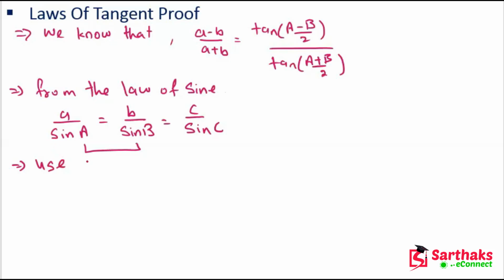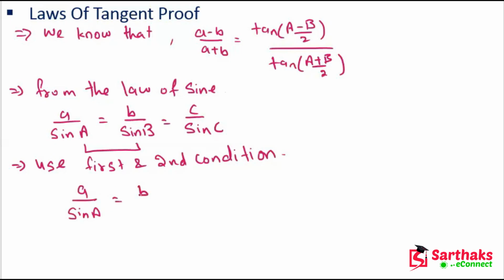Now we have to use the first and second conditions, means these two. So we get a upon sine a is equal to b upon sine b, which is equal to, we are taking k as a constant.